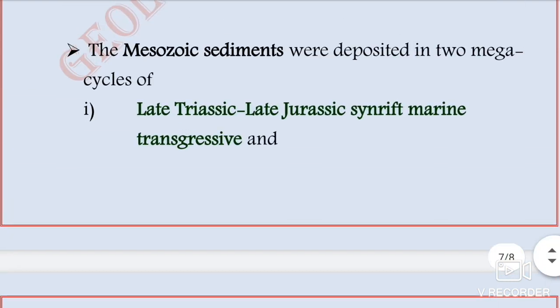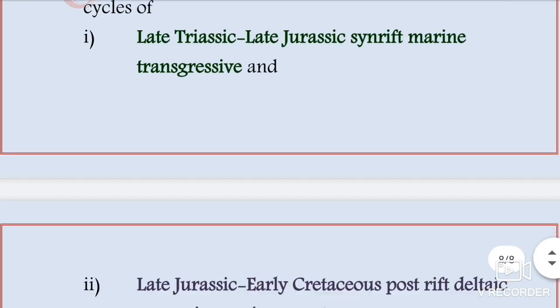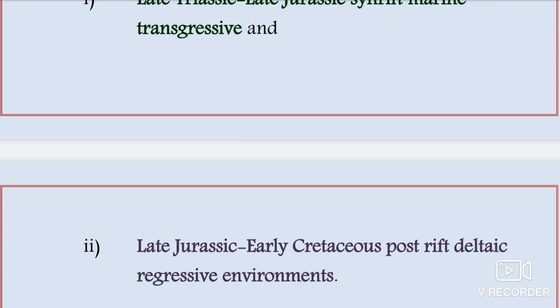So first one was the transgressive environment and second one was the regressive environment. You can imagine the fluctuation of sea level, up to what limit the sea level was fluctuating during the evolution of the Kutch basin.